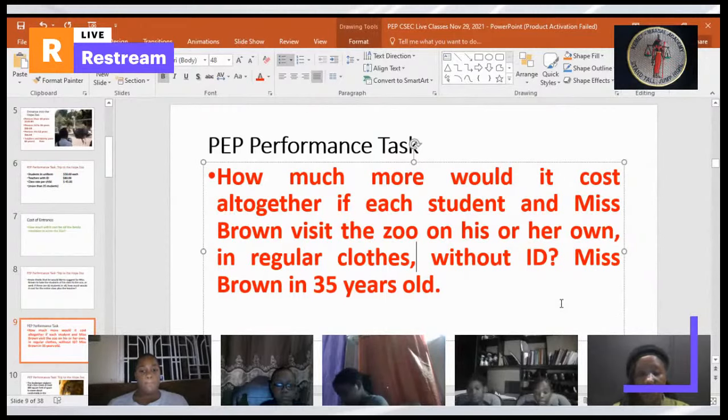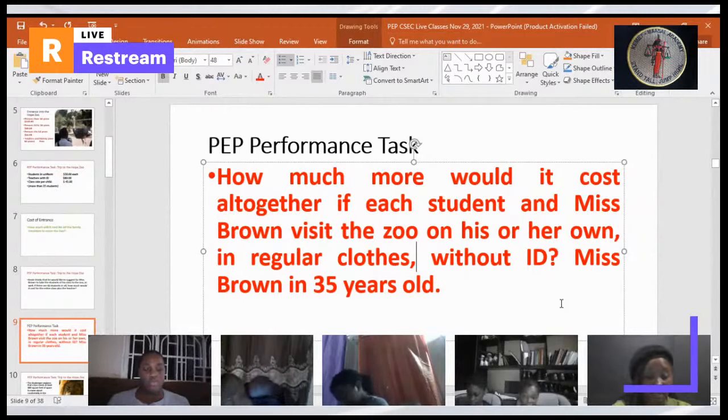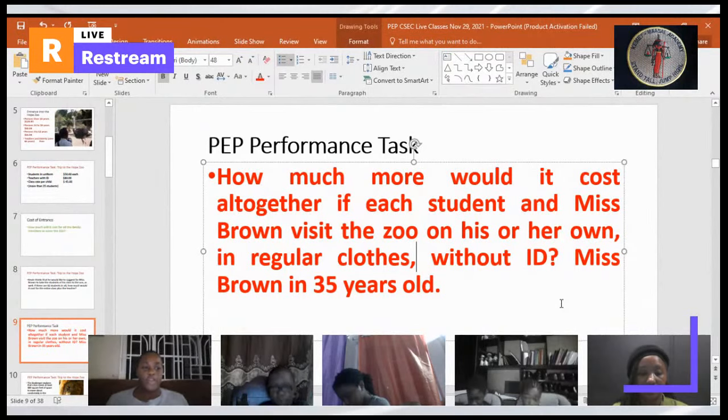So how much would it cost for all of them if they are going separately? How much more would that cost than what we just worked out if they were going as a class in their uniform with ID? Miss, are there 33 or 32 students? There are 32 students.